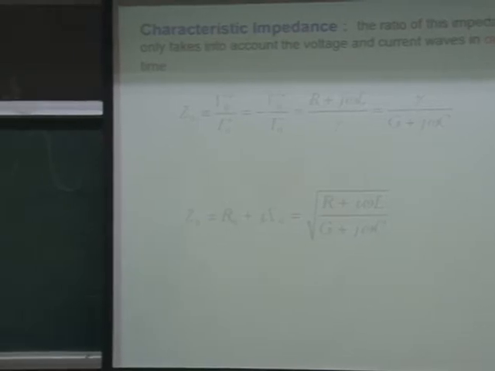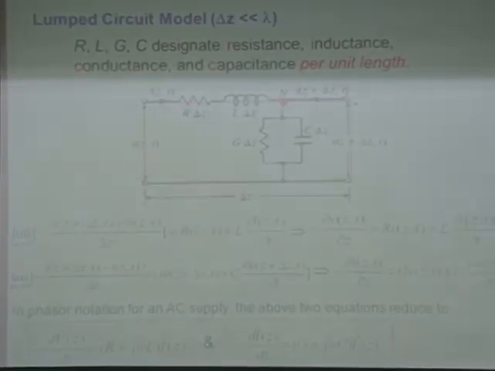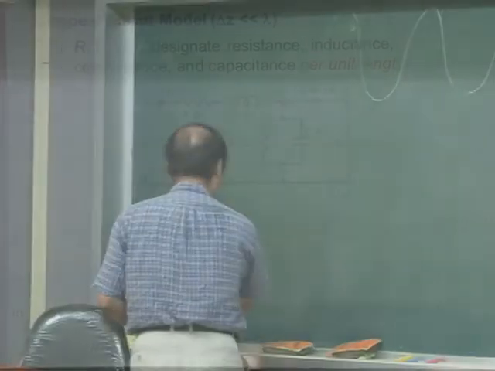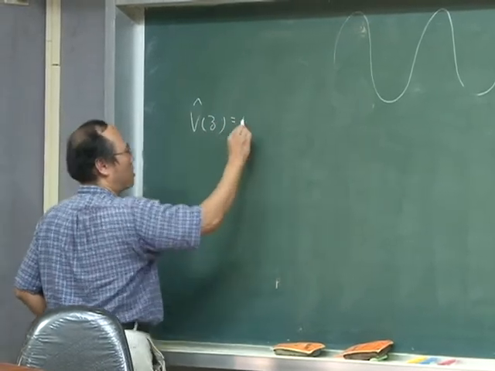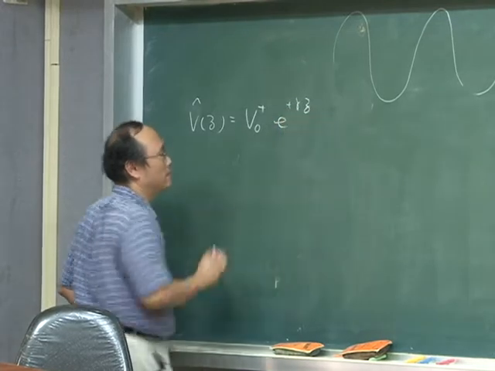Well, we have one expression before. Let's just pick up, say, this expression. Okay, and your V(z) is taken to be V plus exponential plus gamma z.